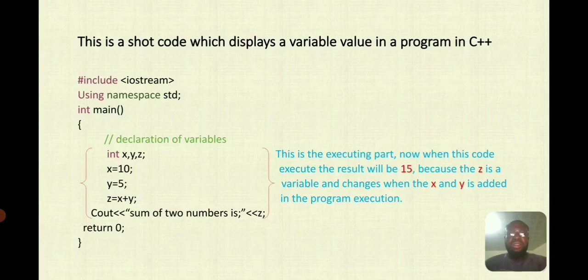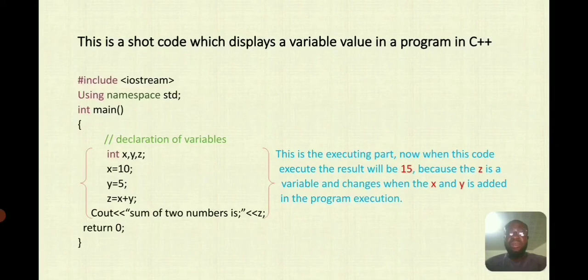Now, if you look at the executable part, we have some variables or values there which are being assigned numbers, and one not being assigned a number, that is the z. So this code is to add, for it to bring a result.